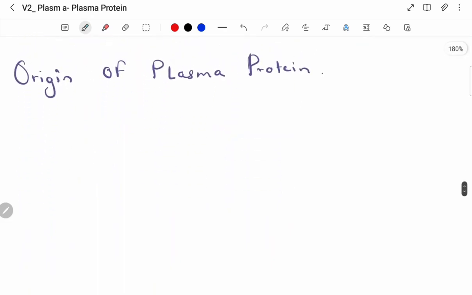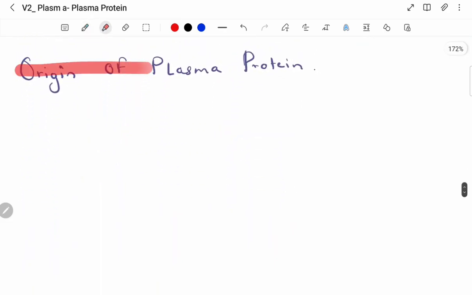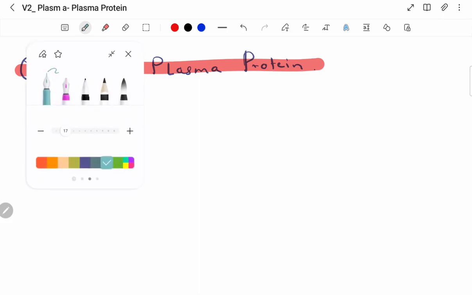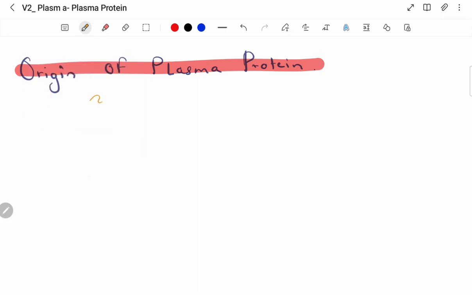The last point of discussion is the origin of plasma protein. In the embryo, plasma proteins are synthesized from mesenchyme cells. The first protein to be synthesized is albumin. Other proteins are synthesized later.